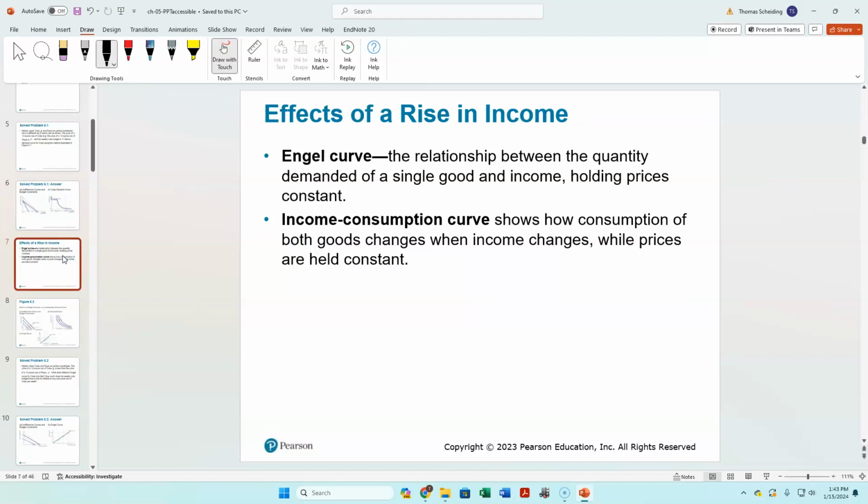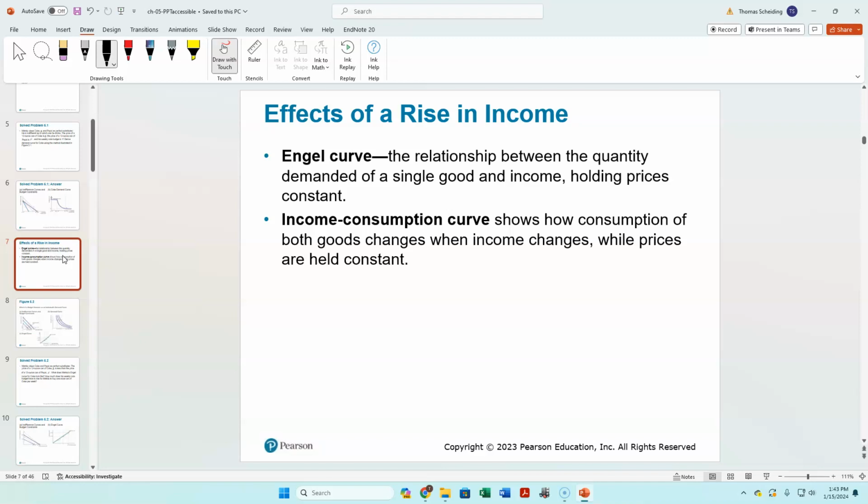But the other thing that we can create that is useful, especially if you're involved in marketing or just the business aspect of things, is what's called an Engel curve. What the Engel curve does is it shows us how the quantity demanded changes as the income changes.